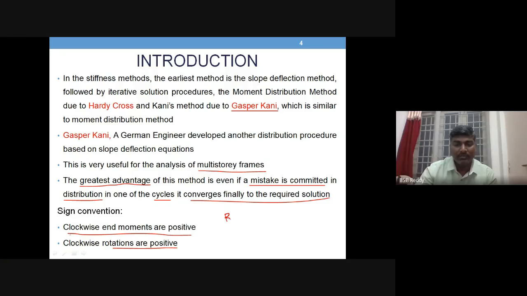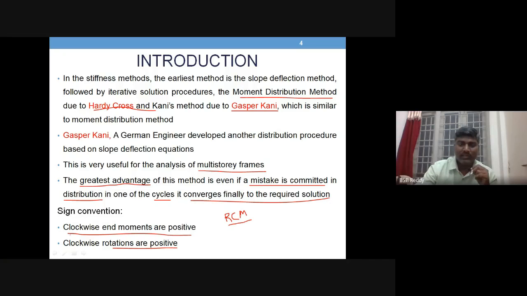The other name I was telling, rotation contribution method, is more popularly known as Kani's method. Whereas the moment distribution method is not popular with the Hardy-Cross name; it is still popular with the moment distribution method name.